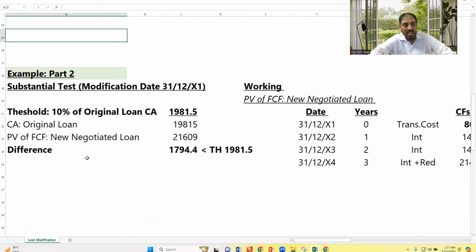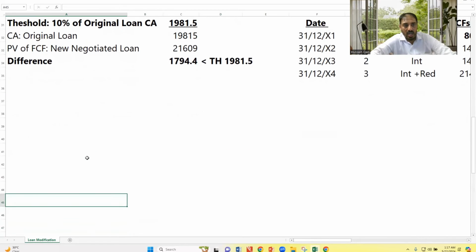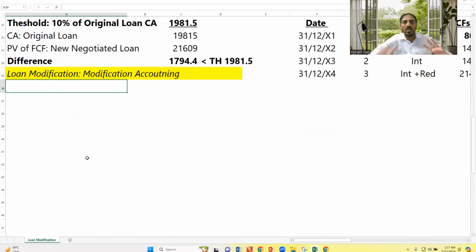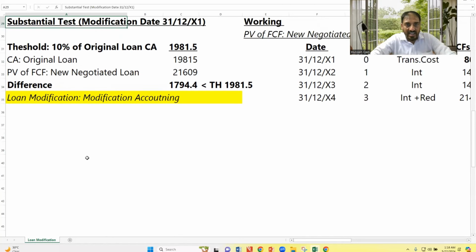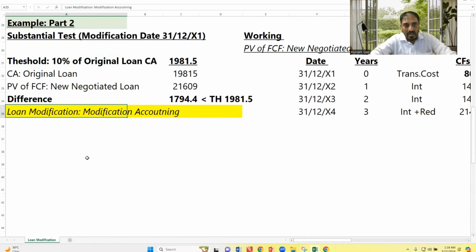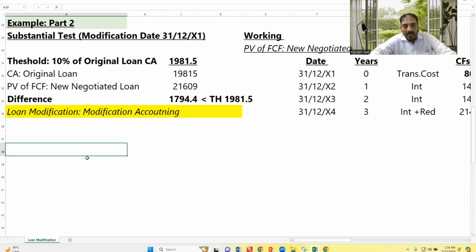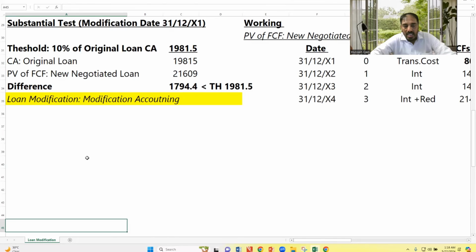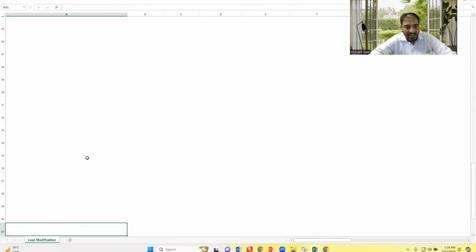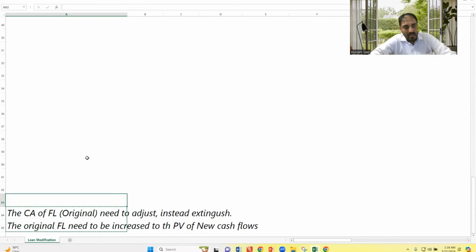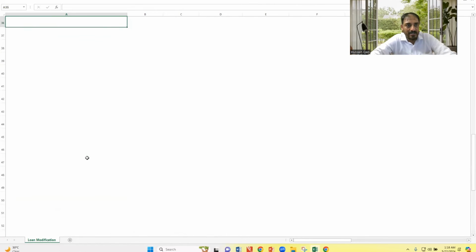The loan modification is not extinguishment accounting but modification accounting, because it's less than the threshold. If with the substantial test we identify the difference is less than the threshold, we declare the loan modification as modification accounting.